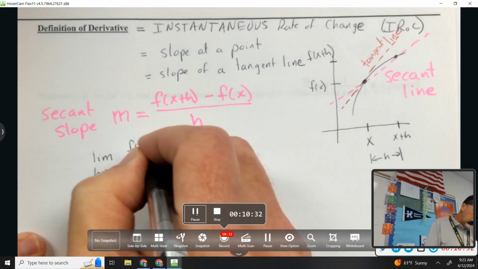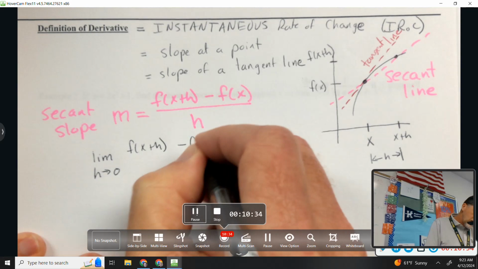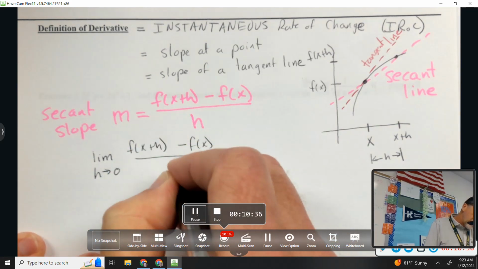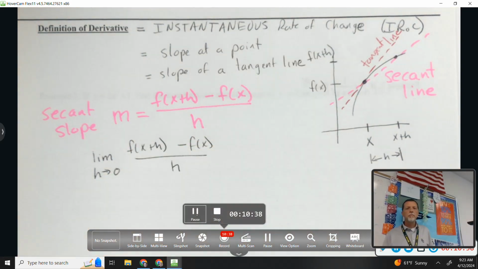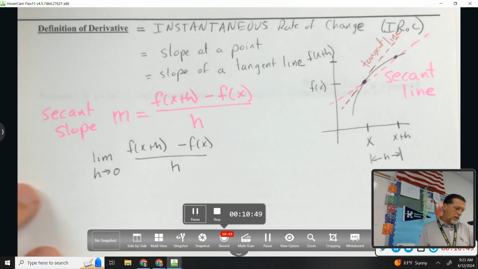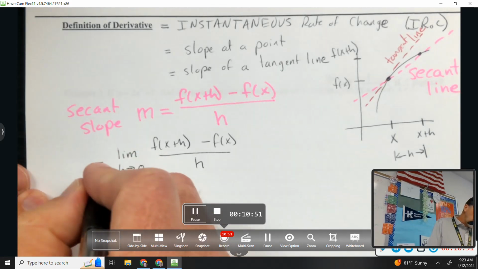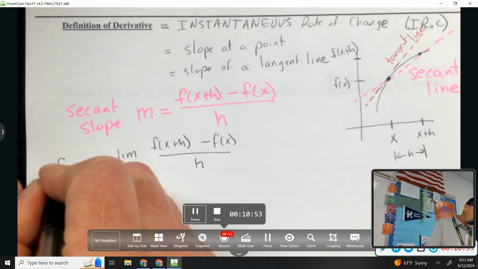Limit of f of x plus h minus f of x all over h. So it's sort of like the limit of the algebra slope. If we let the denominator shrink way down to super, super small, then our secant line turns into our tangent line. And that is the derivative.